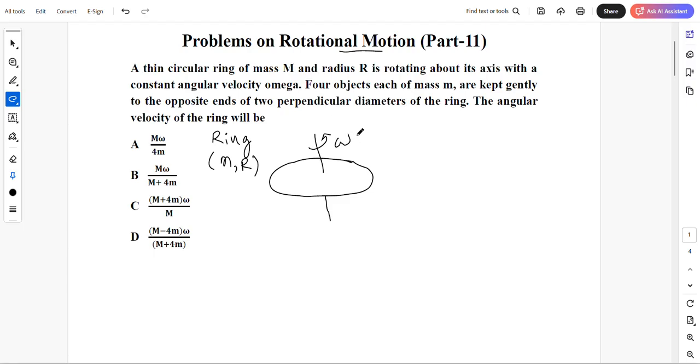Now, four objects each of mass m are kept gently at the opposite ends of two perpendicular diameters of the ring.